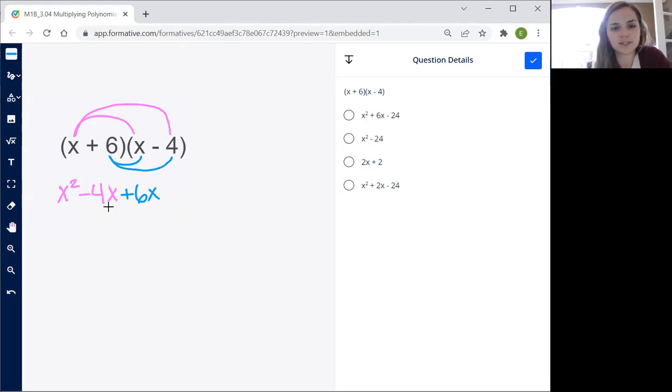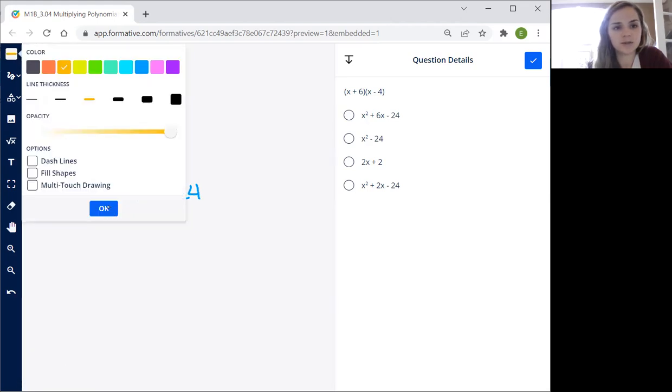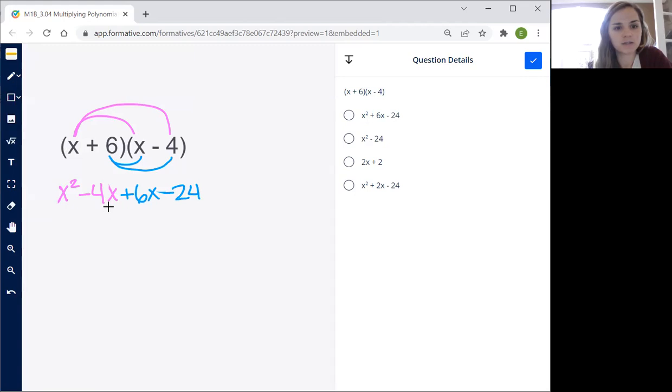And 6 times negative 4 is negative 24. Combine your like terms in the middle there. We have negative 4 and positive 6, so that's a 2x. Bring down your negative 24 and x squared, and we said it was a positive 2, so it should be the last one.